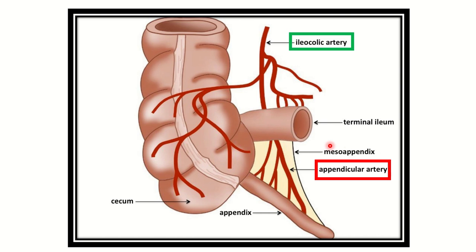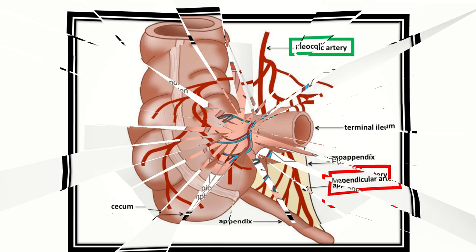This mesoappendix attaches to the appendix. This is the terminal ileum, and this is the cecum. And if we go back, we can see the appendicular artery arises from this artery, which is the ileocolic artery.